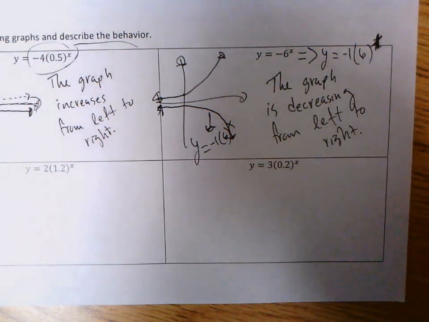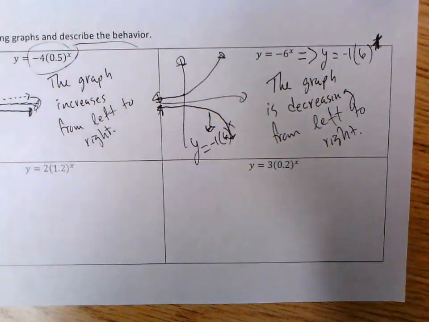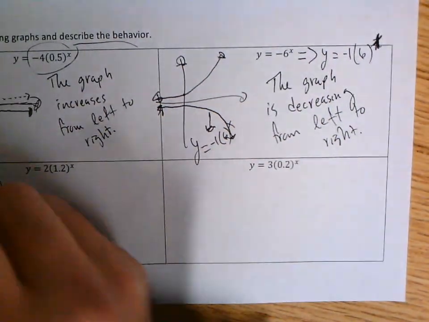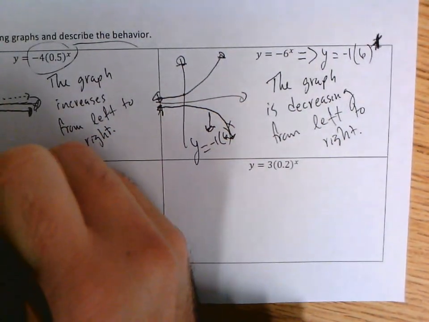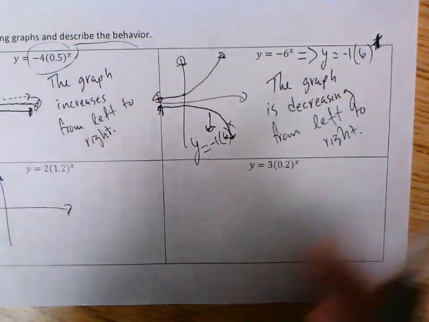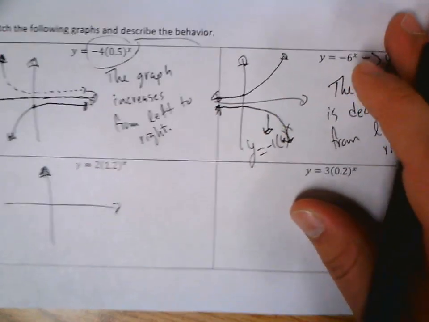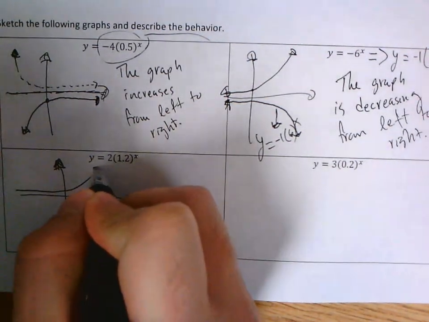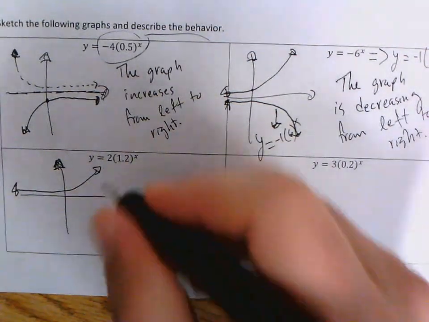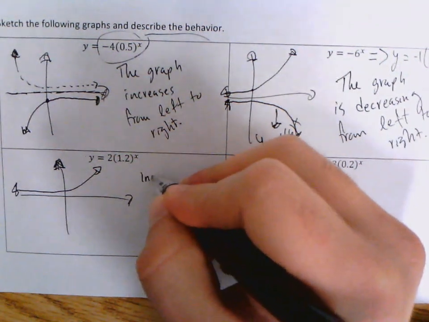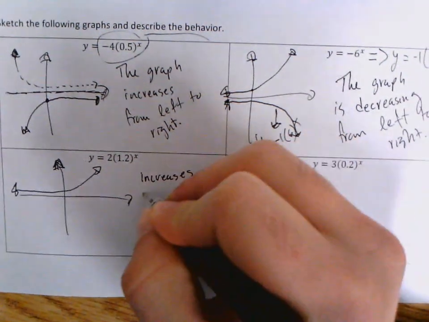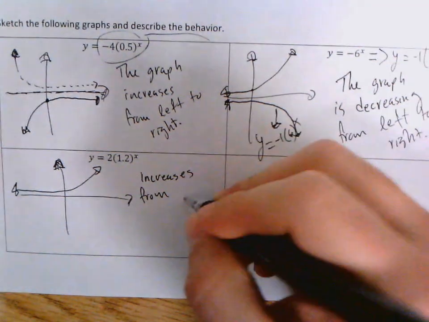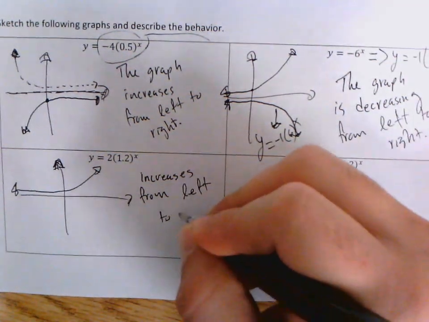Well, hopefully you paused the video, and I'm going to make this short. These are very easy to graph because the value of a is positive. So on the first one, my graph is increasing, so it will look something like this. So it increases from left to right.